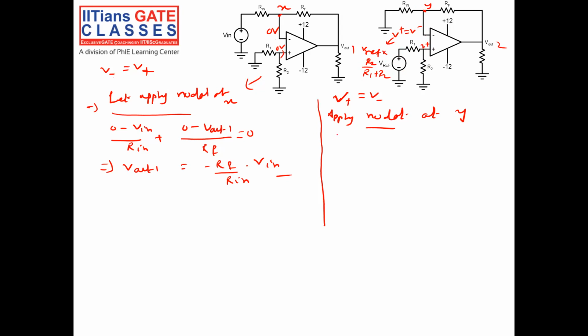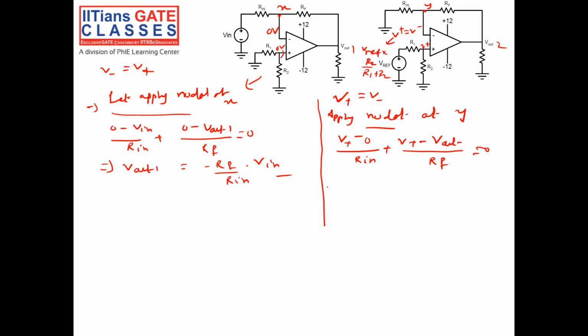Okay, so now we apply nodal analysis at node Y. At node Y, the potential is V positive minus ground, which is 0, by R in, plus the potential here, V positive minus V out, by RF is equal to 0.